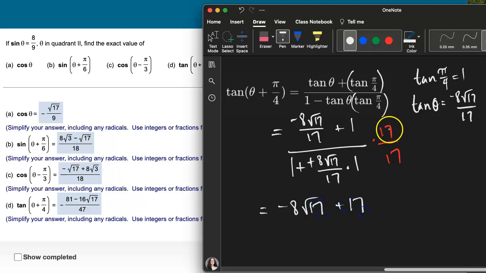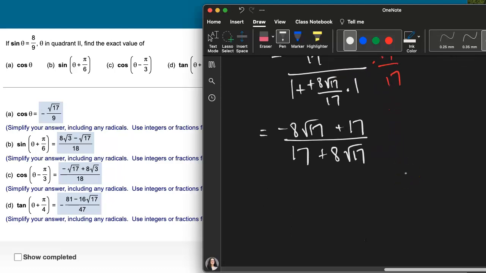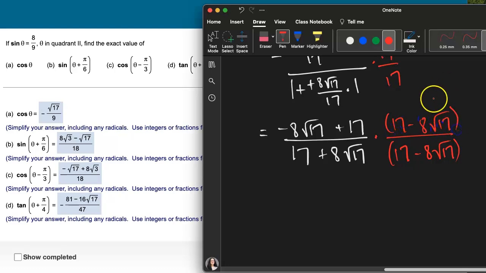So I'm just distributing that 17 to both terms in the numerator. I'm going to distribute that 17 to both terms in the denominator. And then I still have here a radical in the denominator. So again, we don't want to leave it like that. So let's multiply by 17 minus 8 square root of 17, because that will allow us to rationalize the denominator. But to keep the balance, we need to do the same to the numerator. So let's multiply all of this out.